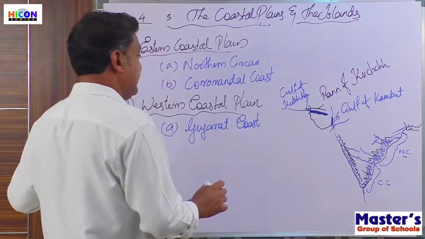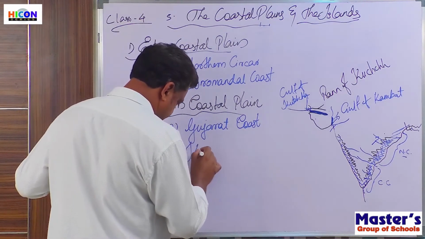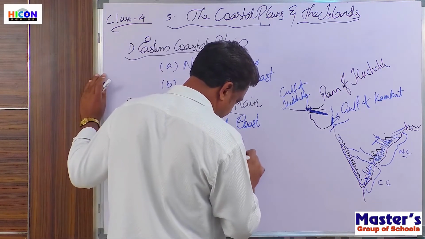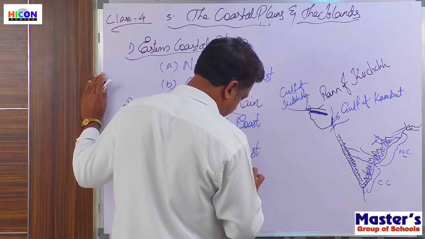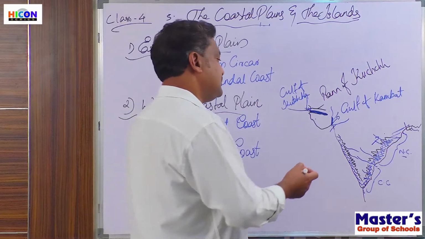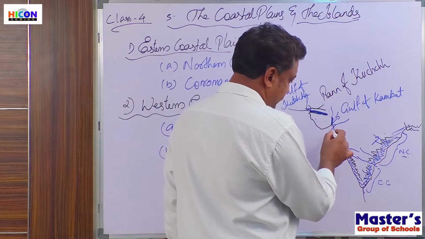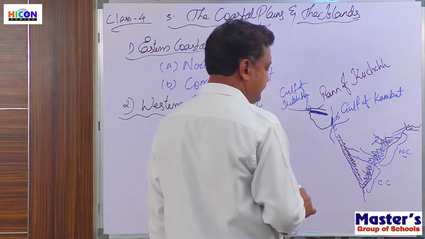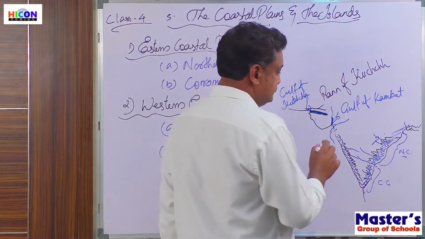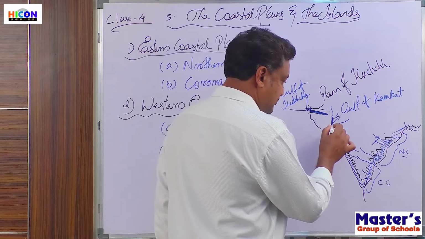The second one is the Konkan Coast. Once the Gujarat coast gets over, then the coast of Maharashtra, some part of Gujarat is also there.